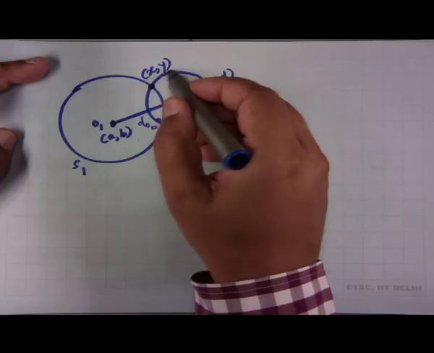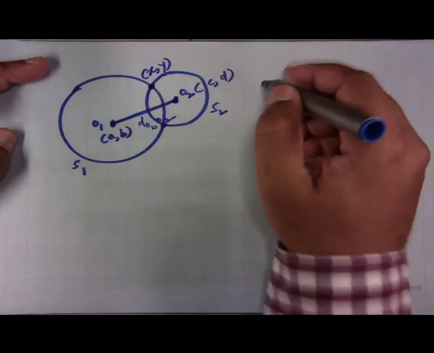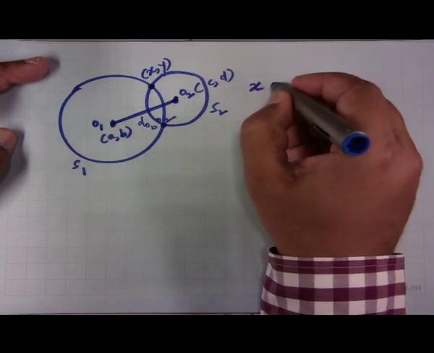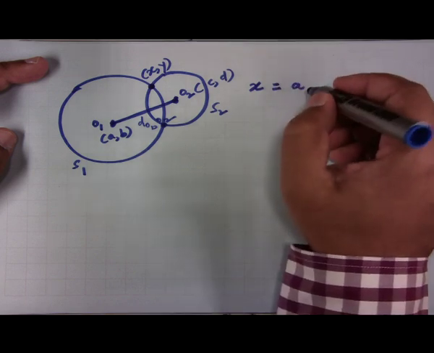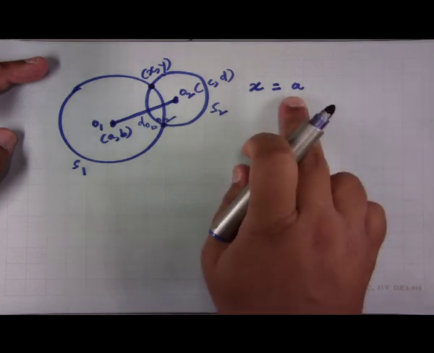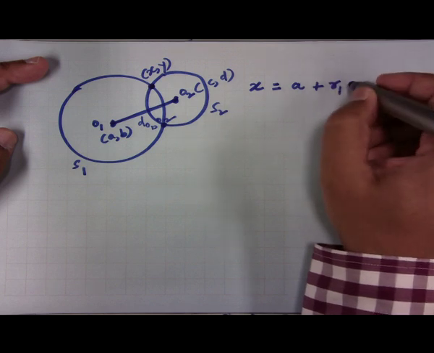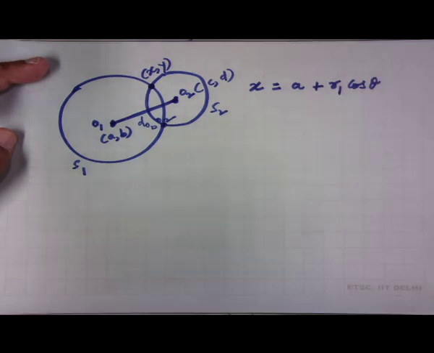If you remember the parametric equation of a circle, then any point, let us say x and y, on the circle can be written like this. The x coordinate can be written as the x coordinate of the center of the circle plus the radius of the circle times cos of some angle theta.